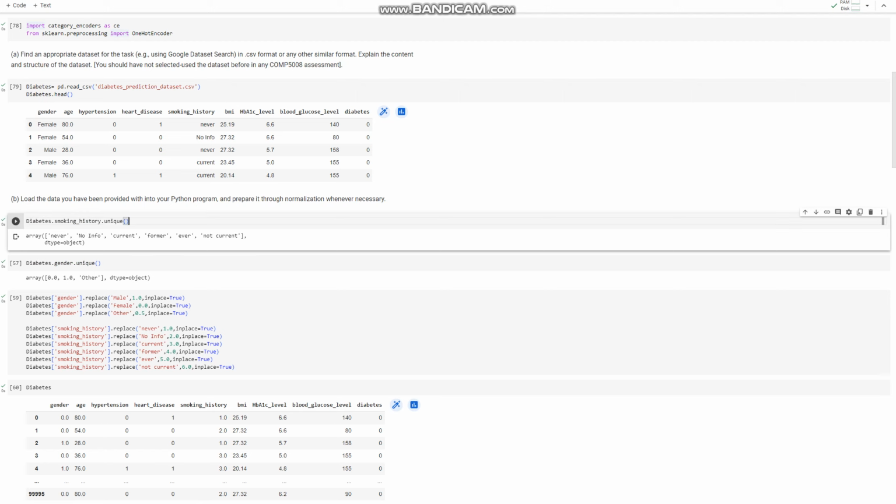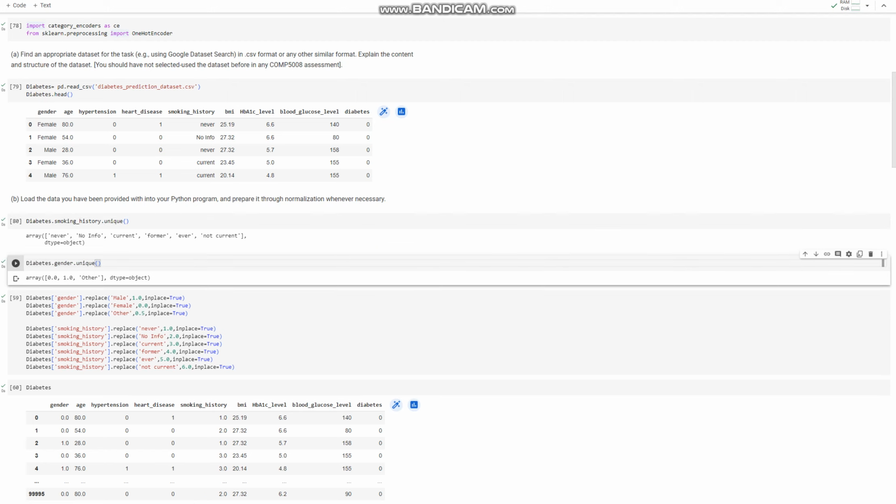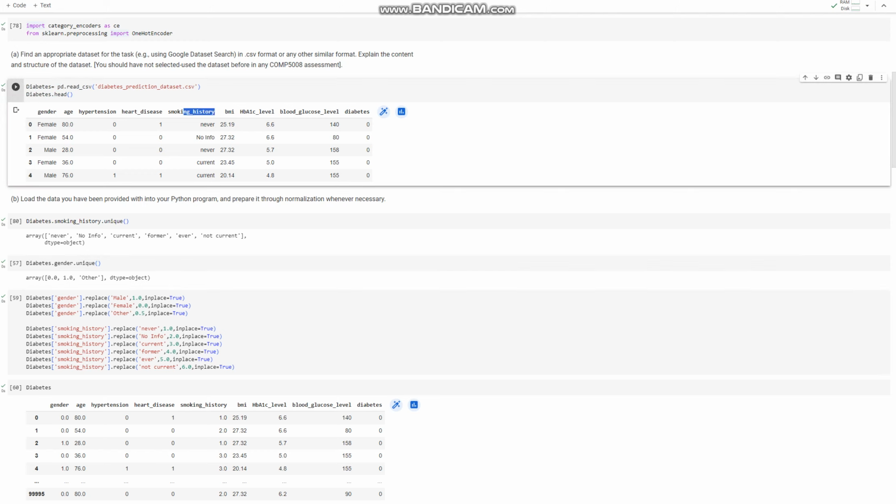For task B, I noticed that there are some columns that are strings and not numbers. So I looked at the data set as a data frame as a whole, and saw that it was only 2 columns that have strings, which is gender and smoking history.